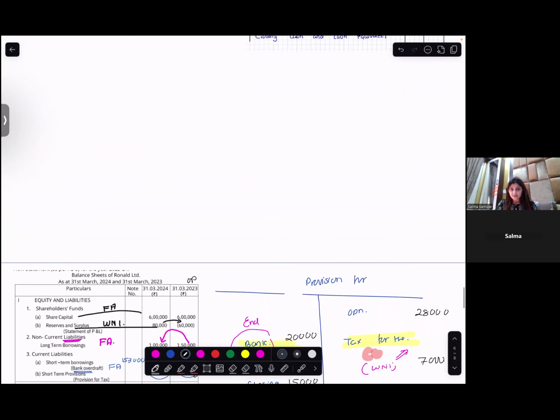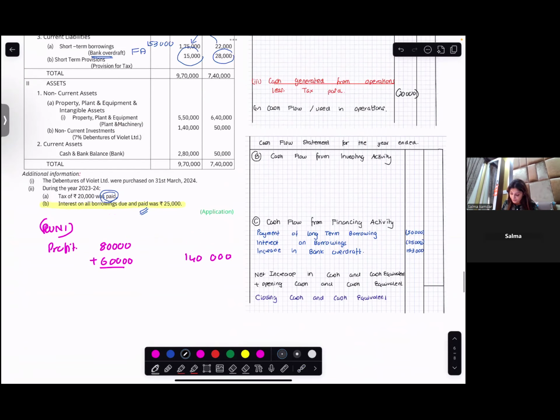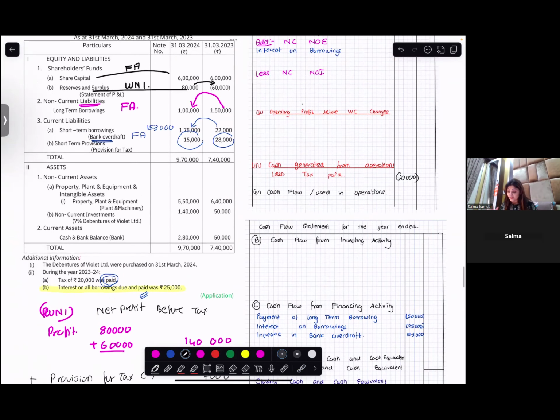And where does this tax for the year go? It goes in your working note number one, which is your net profit before tax and extraordinary items. So you will add your provision for tax current year, which is 7,000. Now, if you observe very carefully, we've just read, accumulated the information, and we have put the things.